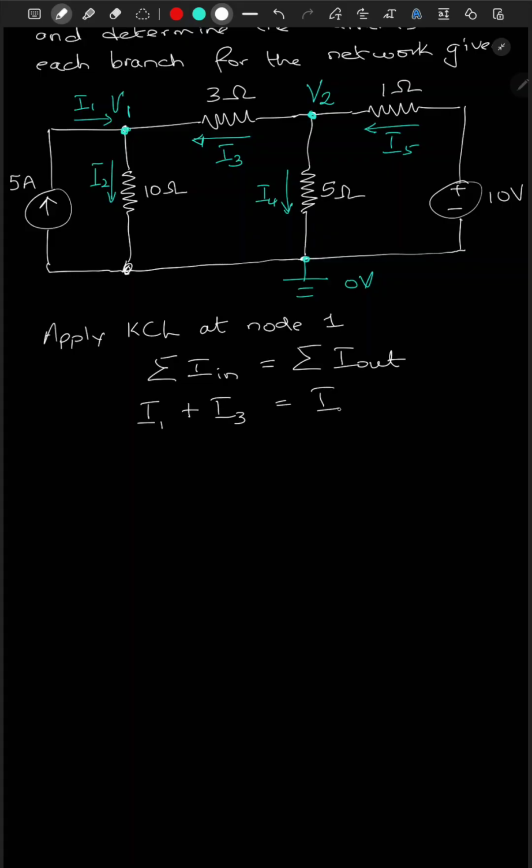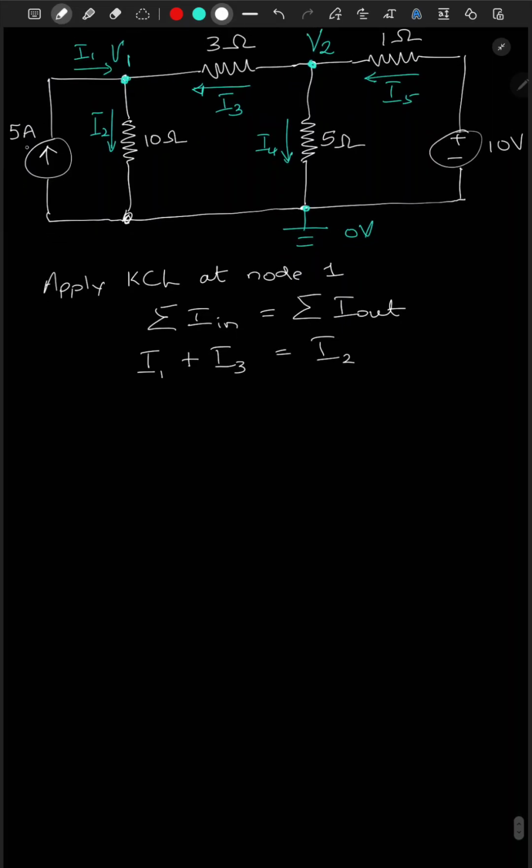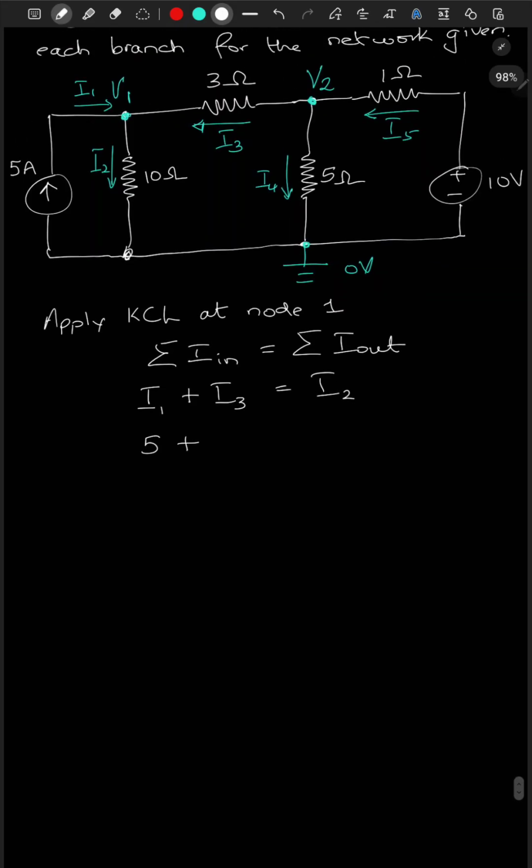This is equal to I2. So I1 is 5 ampere from the current source. So it is 5 plus I3, which is V2 minus V1 divided by the resistance 3. And I2 is V1 minus 0 divided by 10, the resistance.